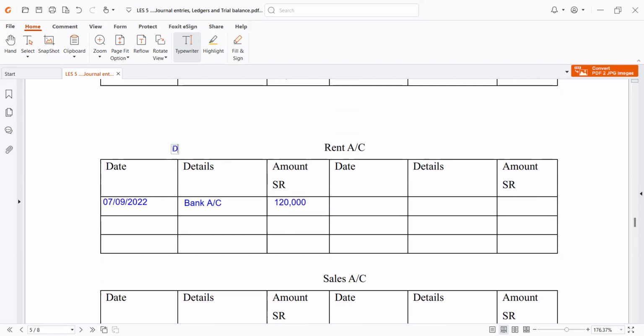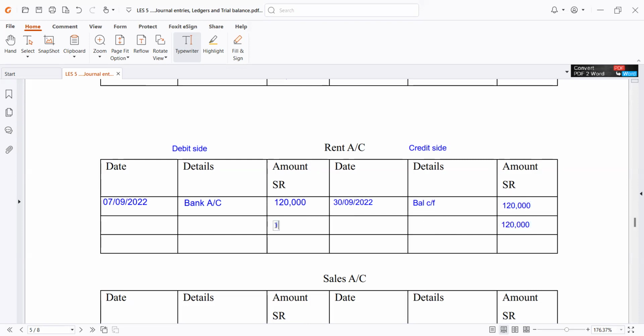Then we proceed with rent account. So for rent account, this one is the debit side, and we have the credit side on this other side. On the right side, we have credit side. So the date when we are closing down is 30th September 2022. So under details, it's balance carried forward. The amount is 120,000, like that. So you balance it off, 120,000 there again.